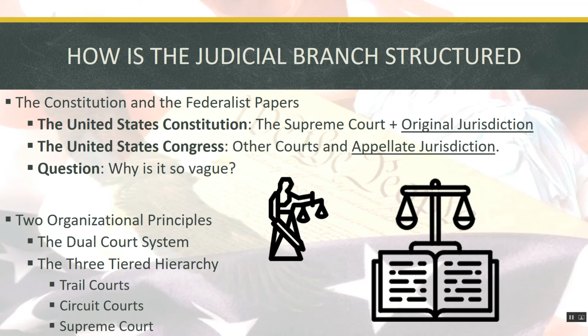One court system is going to operate at the state level, and another court system is going to operate at the federal level. What that means is that really we've got at least 51 different court systems operating in our country, one for each of the states and one for the federal government. So there is a court system in Oklahoma that deals with disputes about Oklahoma laws in Oklahoma.